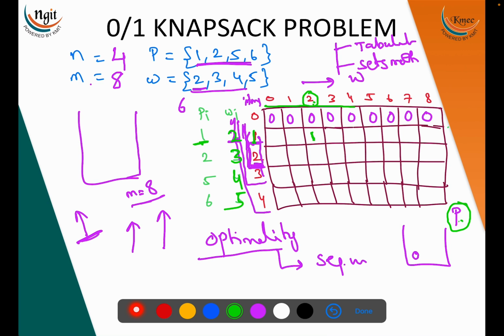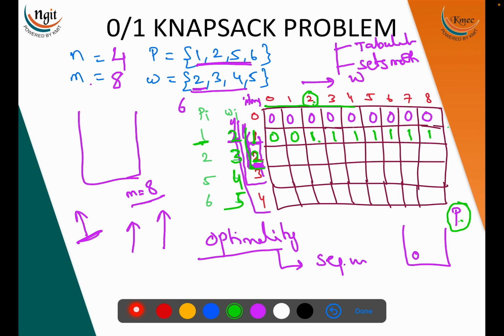Now, what values do I have to take over here? Whatever values you have in the above row, those values will come for the next step. So the profit remains the same because I have only one object in my hand. Now come to the second object. For the second object, you have 2 objects to consider.